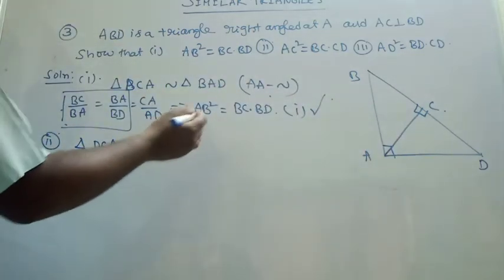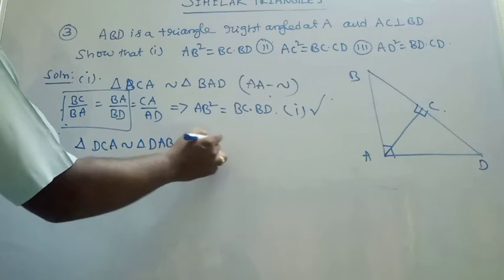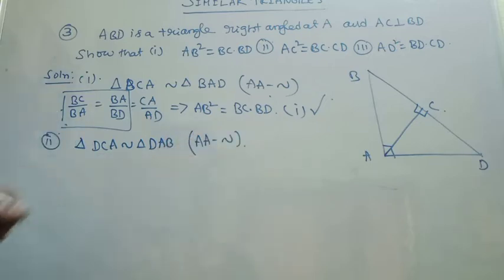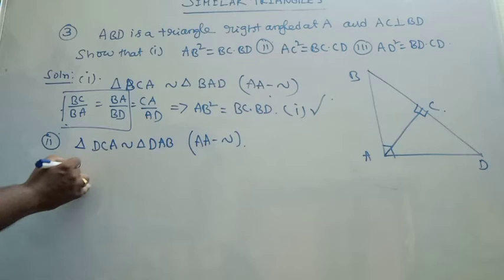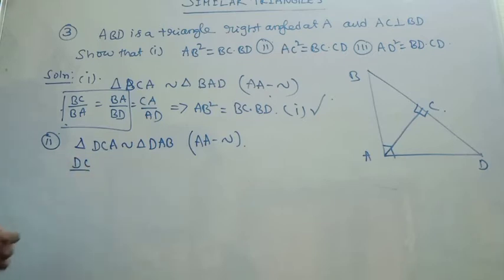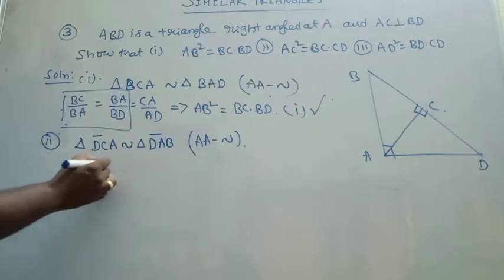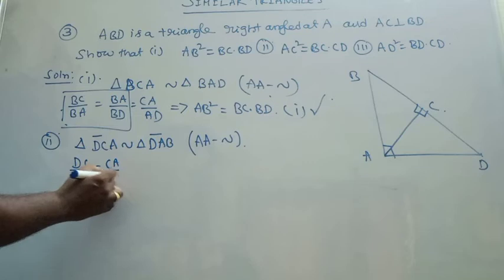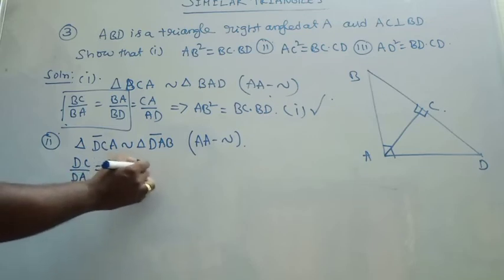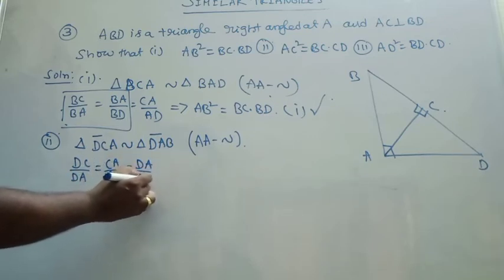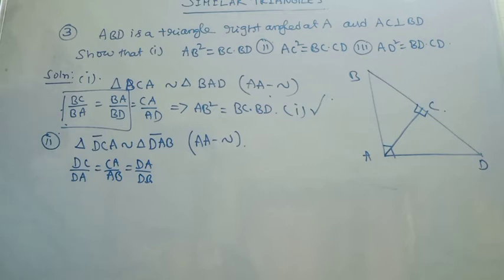Therefore by AA similarity, DC by DA is equal to CA by AB, that is equal to DA by DB.